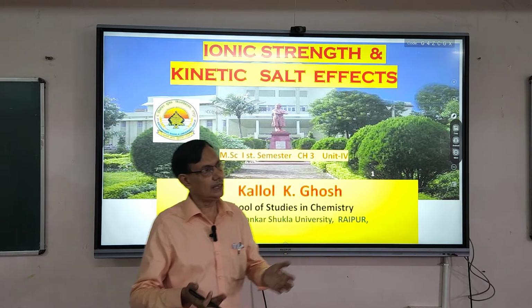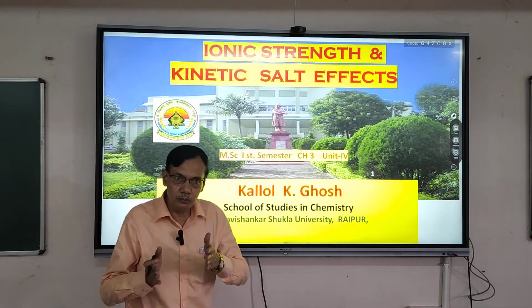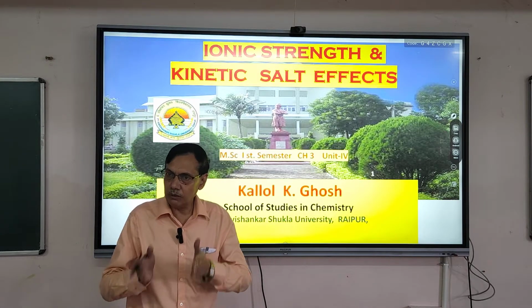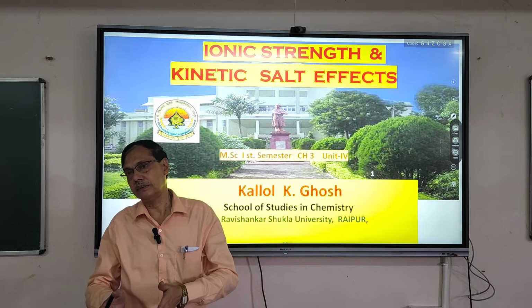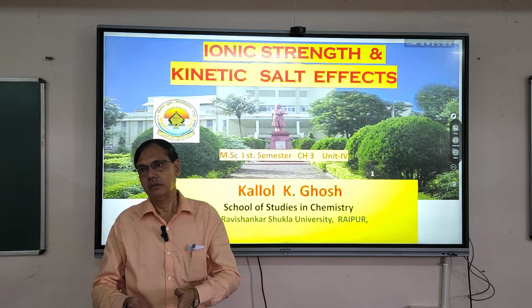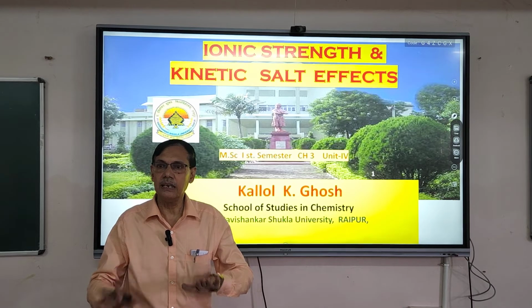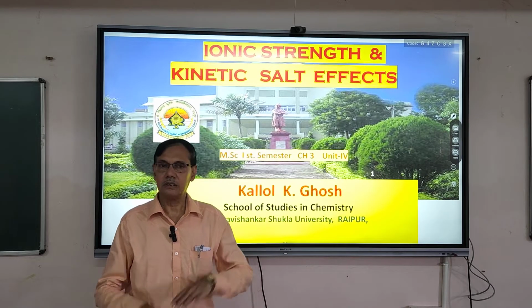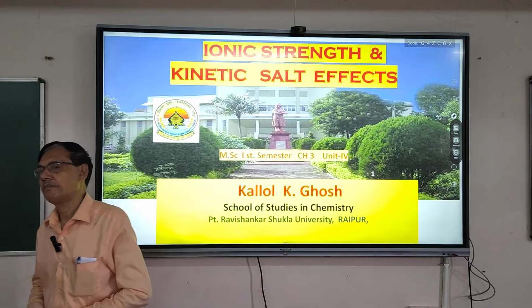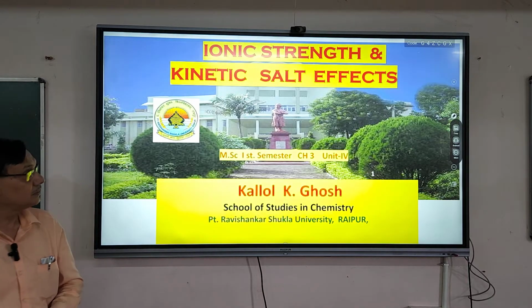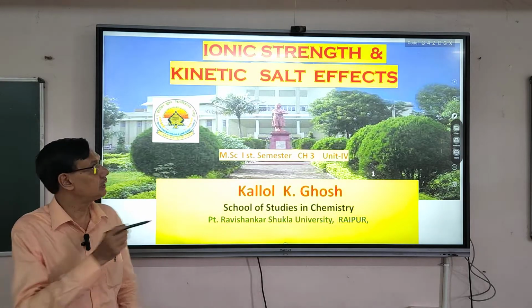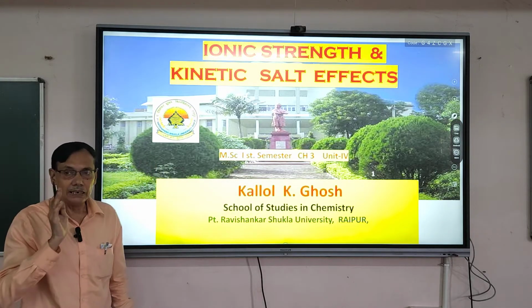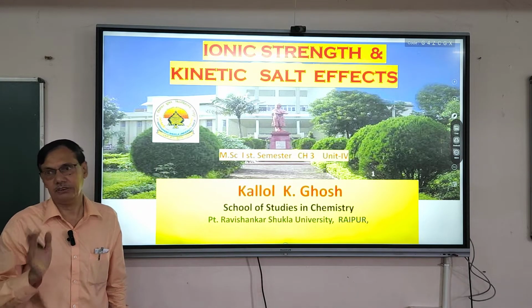So then the question arises, what would be the possible effect of these electrolytes on the rate constant of a chemical reaction? And such type of effect is known as ionic strength effect, or sometimes it is called the kinetic salt effect.